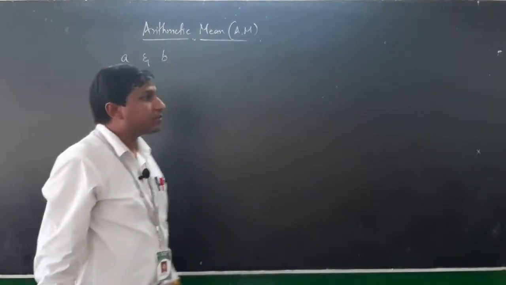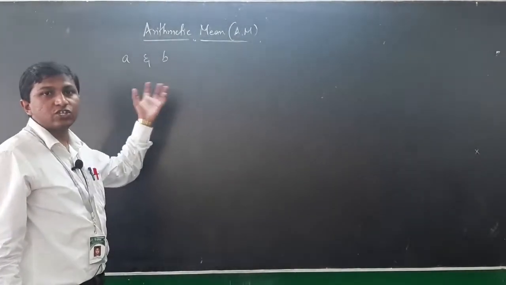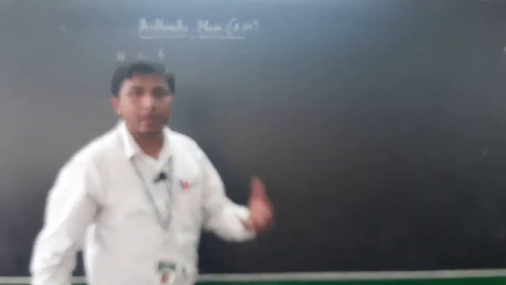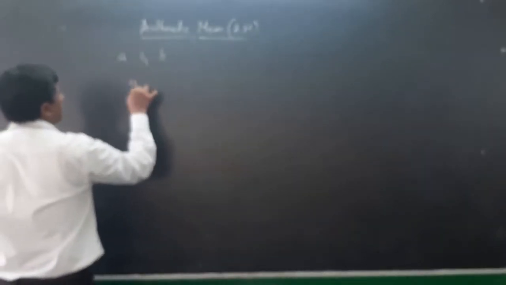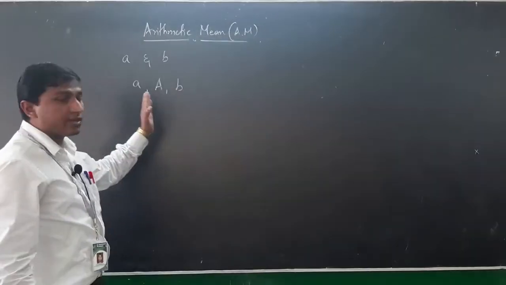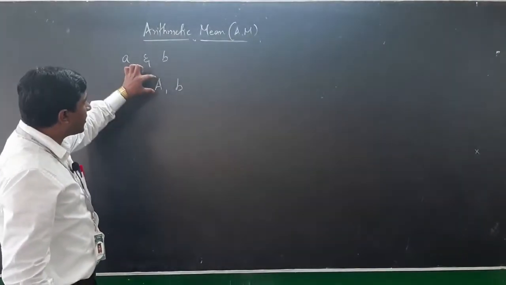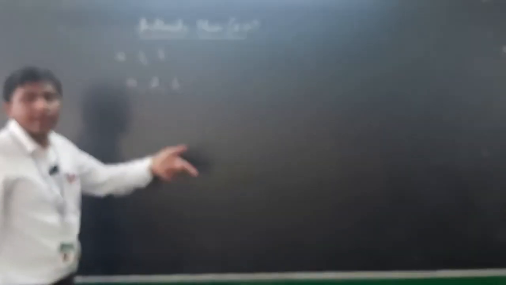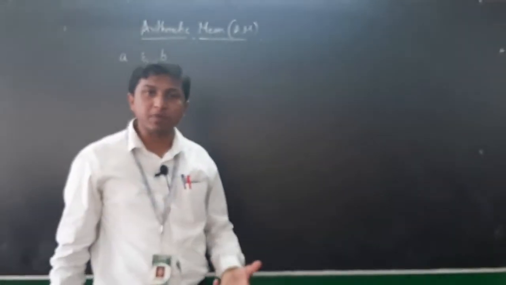The arithmetic mean of these two numbers is the number such that a, capital A, b is an AP, where this capital A is the arithmetic mean.